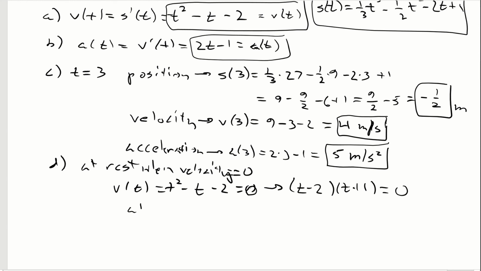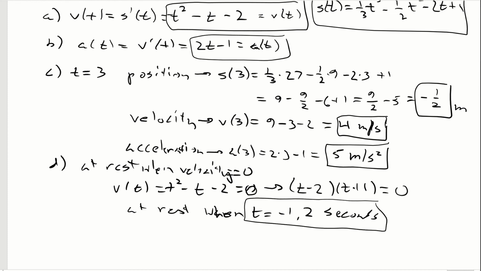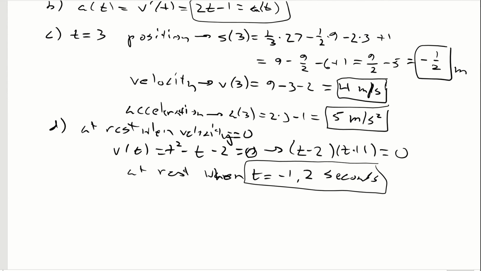So it is at rest when t is equal to minus 1 or 2, seconds. We're probably going to start the stopwatch at 0, so I'm probably going to be interested in the interval, but we'll just leave it generic right now. Go back in time 1 second and it's at rest again.